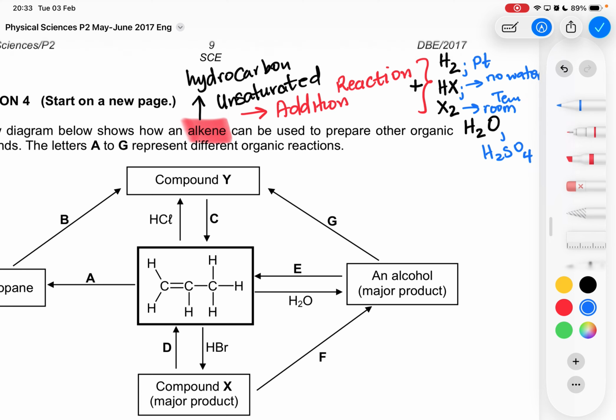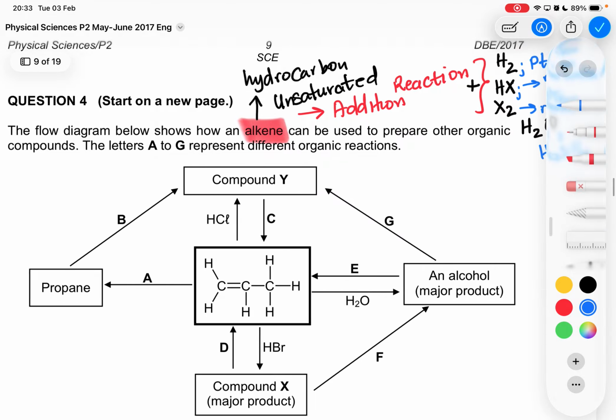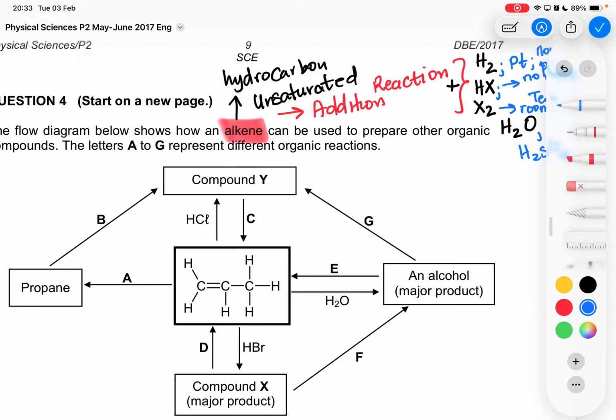No water must be present. So here we also need a non-polar solvent. So these are the things that you need to remember, the reaction conditions. Now they're saying this alkene can be used to prepare other organic compounds, the 4 possible organic compounds I mentioned.